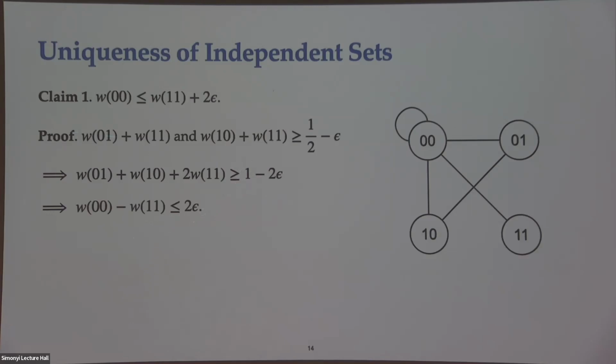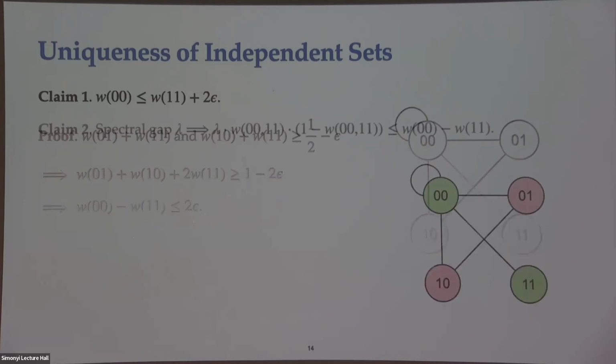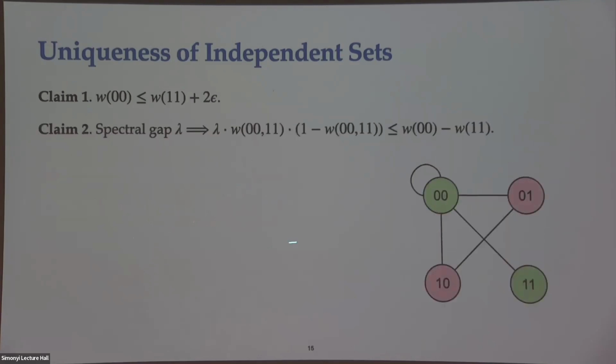We need to use the expansion property of the graph. There's a natural set that we can look at, which is the set 0,0 and 1,1. We want to look at the expansion of this set. So how do we use the spectral gap of the graph? We look at the expansion of these two clusters.